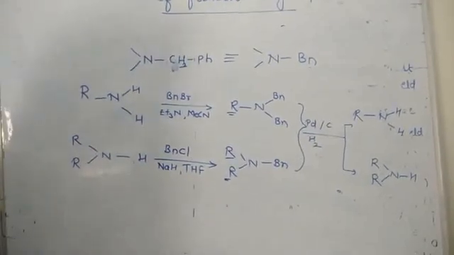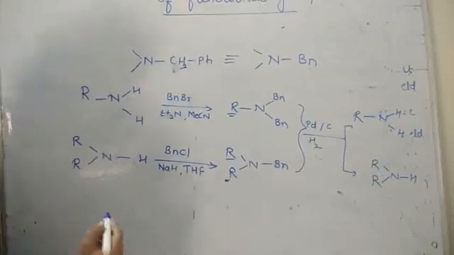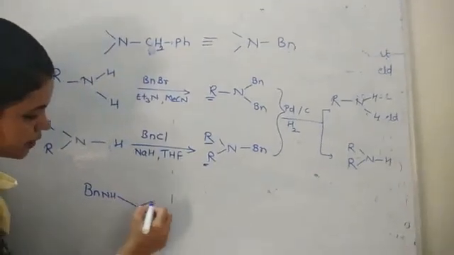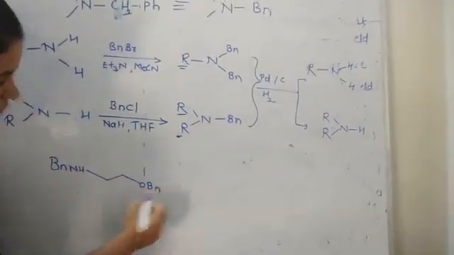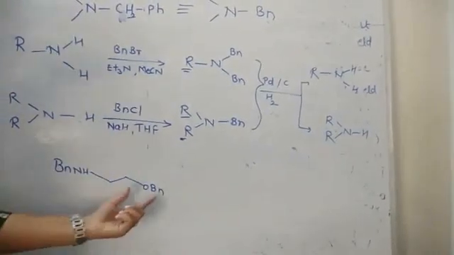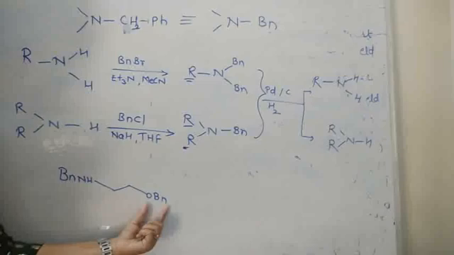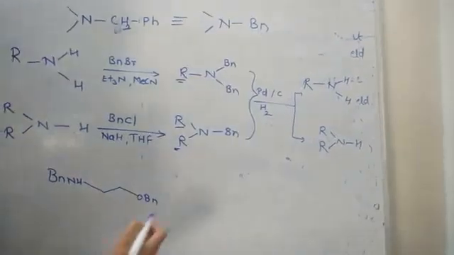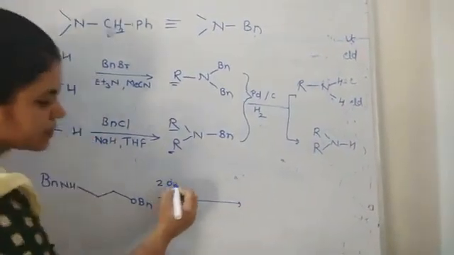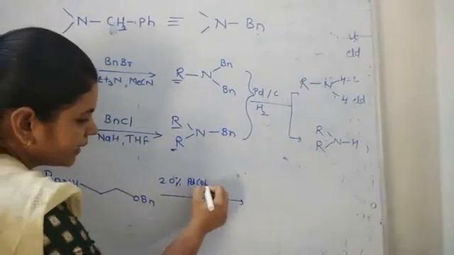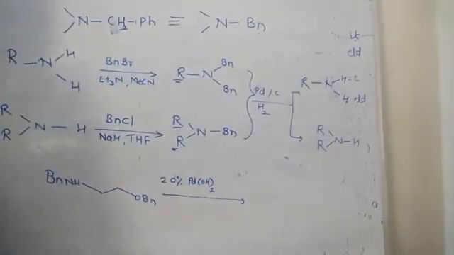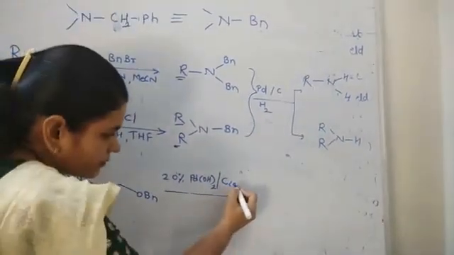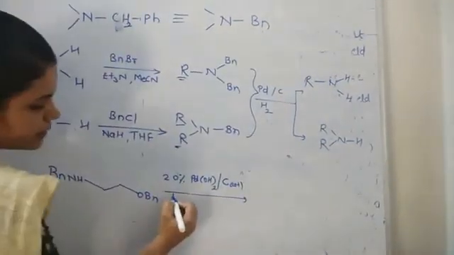One more example we can take here: suppose the amine contains such functionality. One end of this compound is attached with OBn, meaning an ether linkage is there. In this case, we can treat this compound with 20% palladium hydroxide on carbon as a catalyst, and H2.